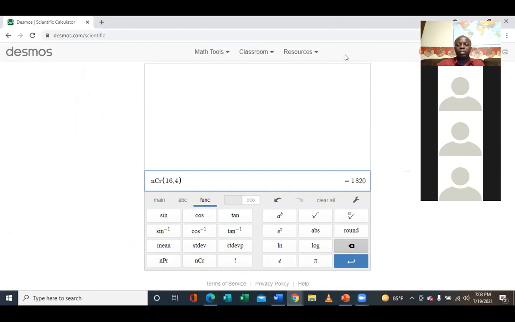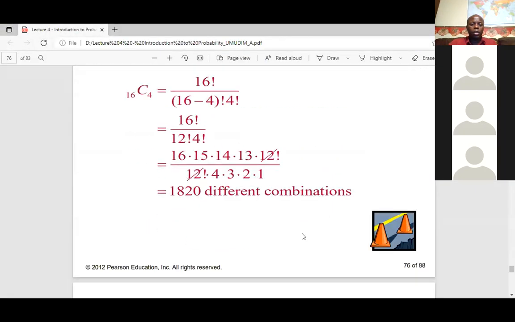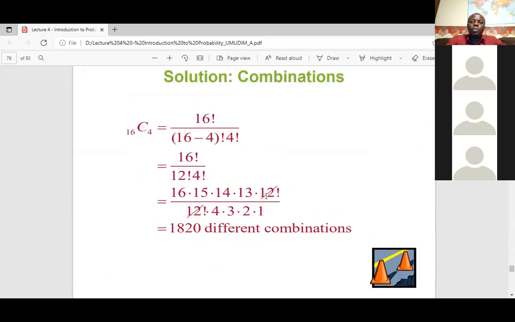And that will give you the answer right there: 1820 ways. You can see the 1820 ways right here. So that's why I say there's no specific order. Questions?